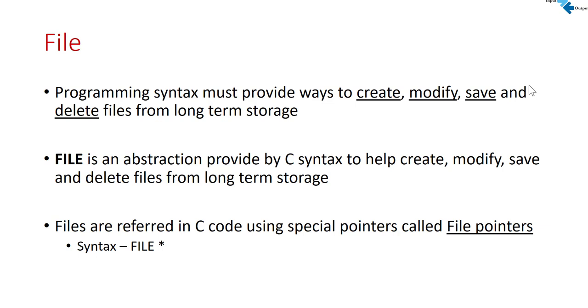You can also use seek to search within the addresses of the file. A well-known syntax while dealing with pointers is FILE asterisk, just to identify the pointer to the file.